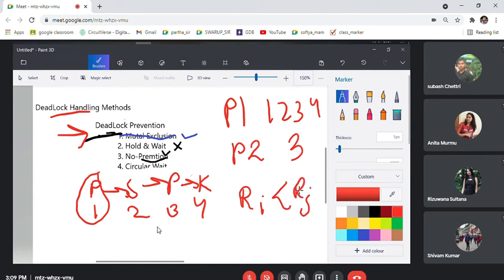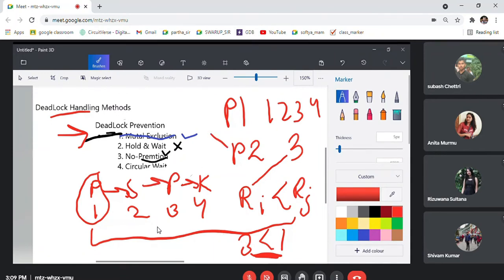Let us say Ri is your 3, and Rj is 1. Is 3 smaller than 1? No. So in such a case, circular wait says don't assign.